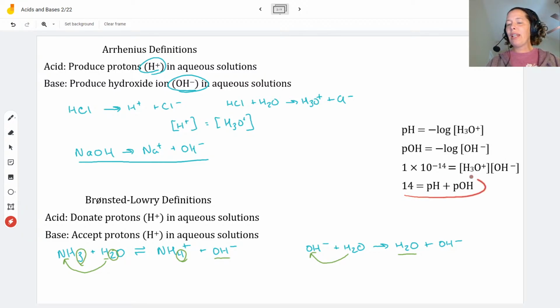But really, I feel like this is the one that helps me the most, to be able to switch between pH and pOH. You can add them together to get 14, but usually you have pH and you want pOH, so you take 14 minus pH, and that'll give you pOH. So these are really useful equations, as we will see in just a few minutes, for not only calculating things like pH, but also switching between pOH and pH.